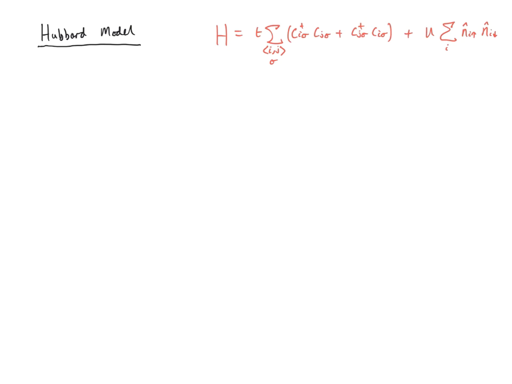Why is the Hubbard model hard to solve? Well, there are no exact solutions to the Hubbard model, except in very specific cases. For example, the one-band, one-dimensional Hubbard model does admit an exact solution through the so-called Bethe ansatz. That's an extremely sophisticated method, well beyond the scope of this course, but just to let you know, that is in principle possible.